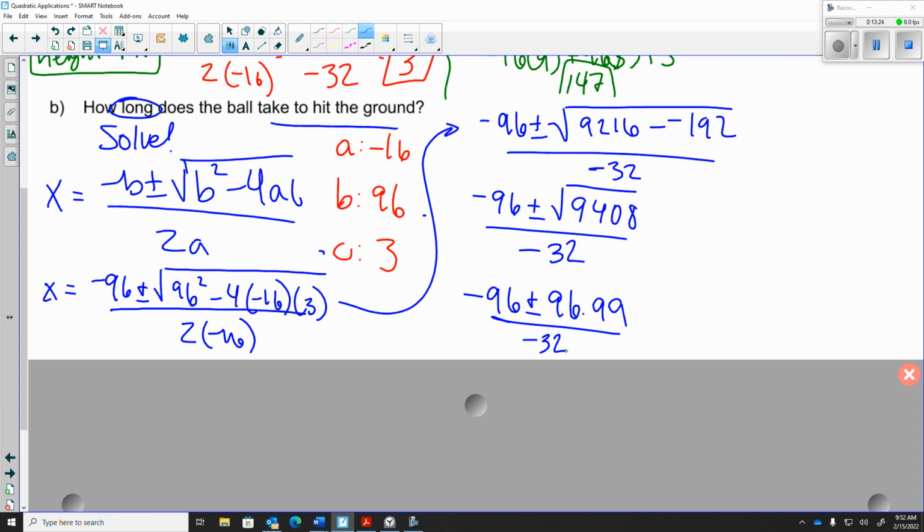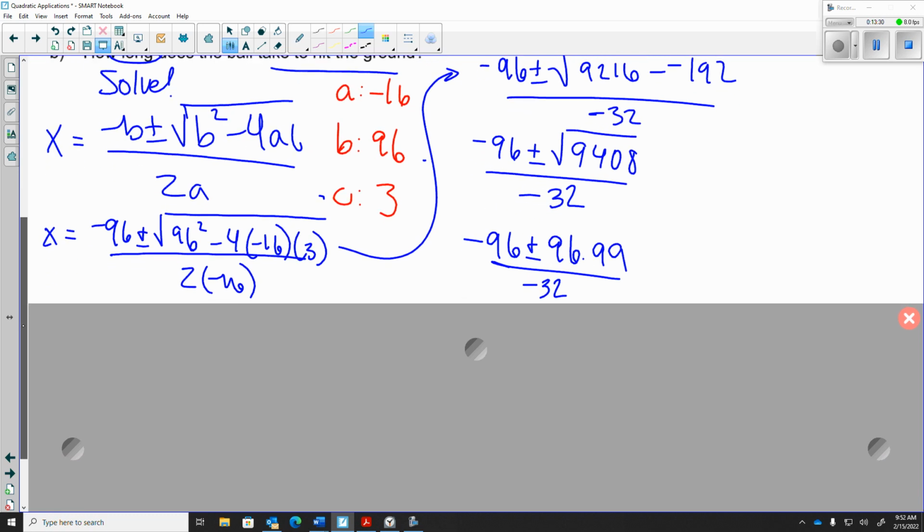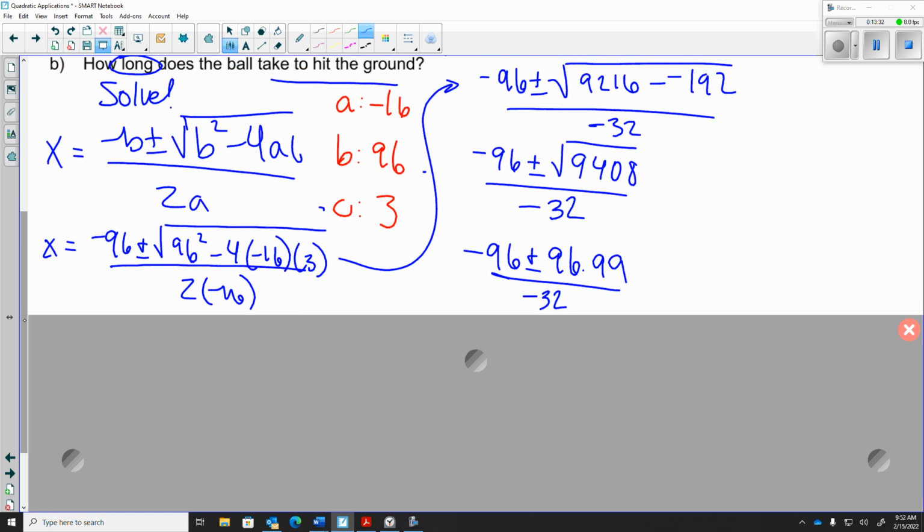All right, so I'm going to give myself more space on this. Here's what we do next. This is two numbers, right? It's negative 96 plus that, and it's negative 96 minus that. Okay, I have a question. What?